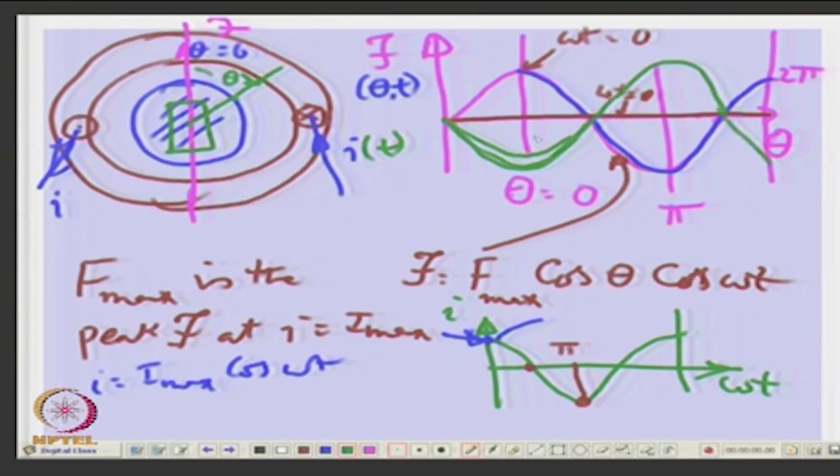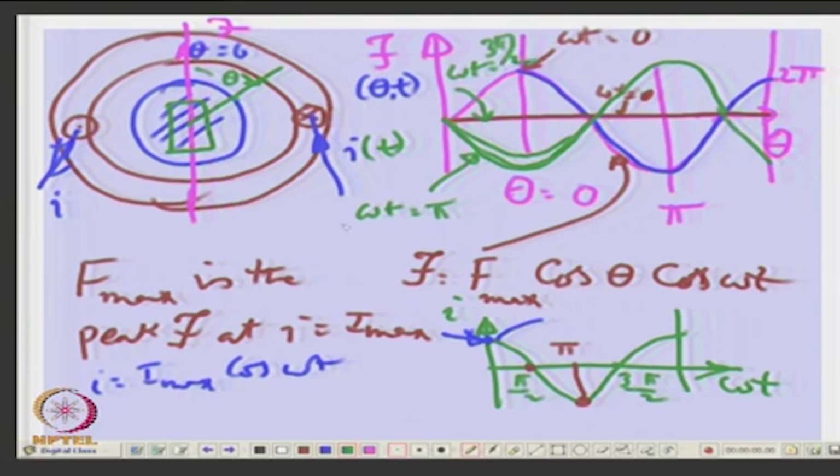right. So, this will be at omega t equal to pi, and this is pi by 2, and 3 pi by 2, and this is omega t equal to 0, and this also same is omega t equal to 3 pi by 2.